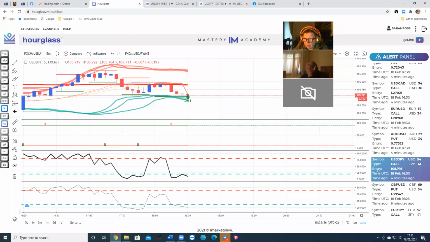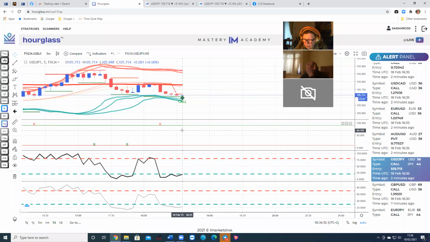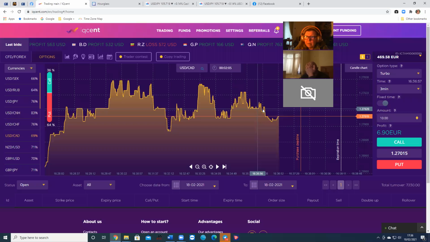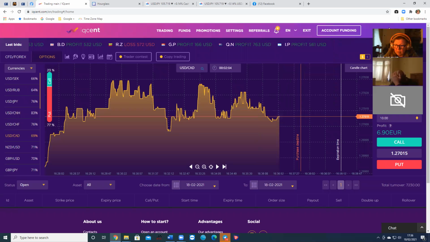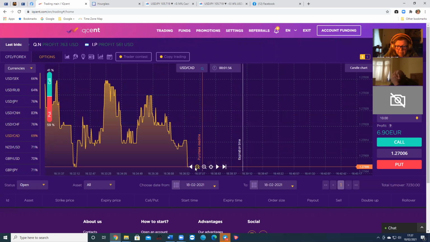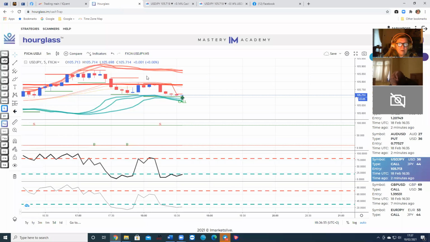Let's look on HourGlass. It's given us a call 2 minutes ago, 713, and on the broker it is at 7013. It's just dropping down again. We're halfway through that candle, but it's not a lot of movement there. 714 it's at.